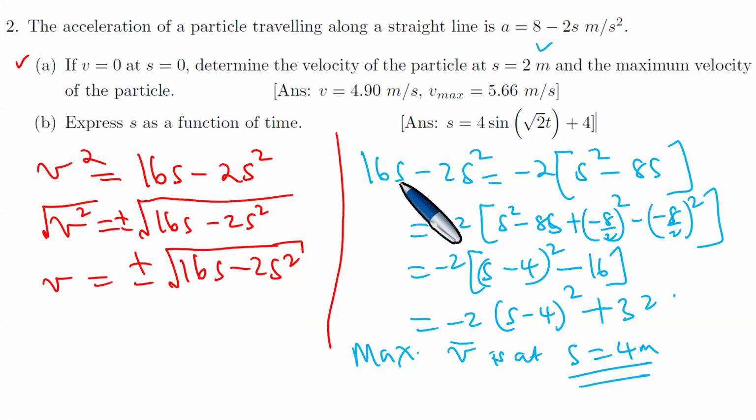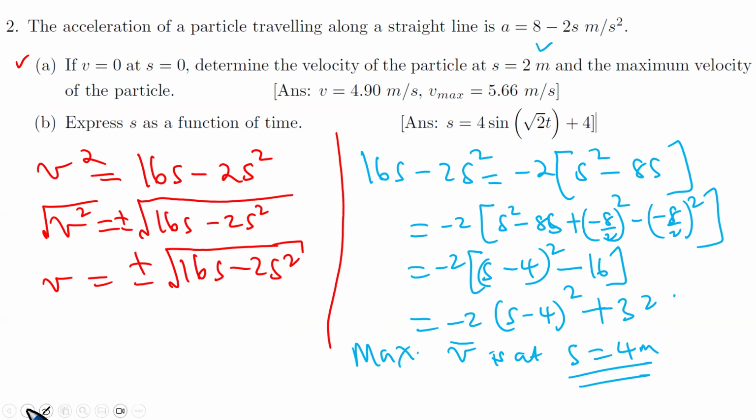We've already seen that 16s minus 2s squared is equal to minus 2 times (s minus 4) squared plus 32.